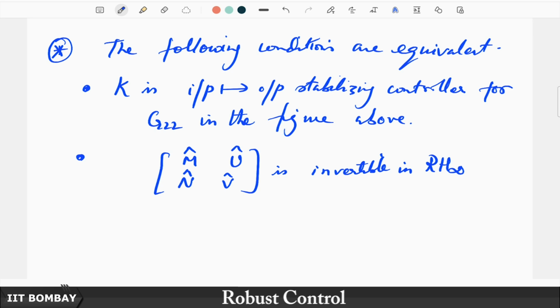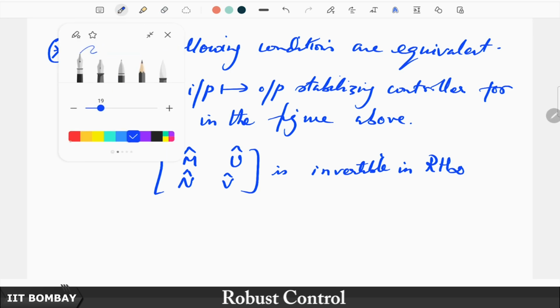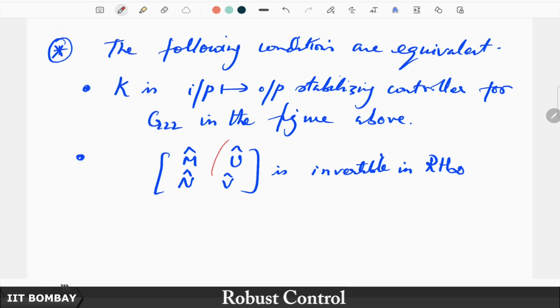What is that? Look, this M hat and N hat you get immediately from the plant. Then it reduces our job of designing the controller to exactly the following question, that is, can we get U hat and V hat such that this overall matrix has its inverse in RH infinity. If we can manage to do that, then we would have actually designed a controller which input output stabilizes the particular system that we are concerned with.